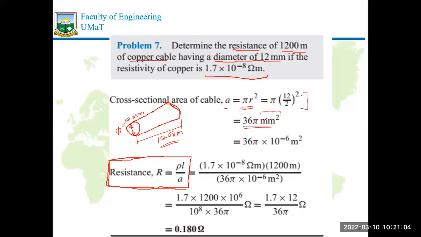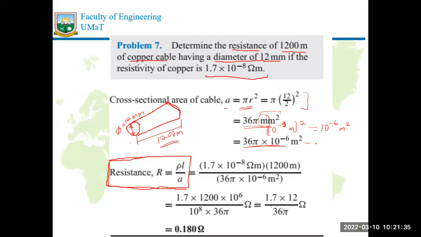If we need to convert this into meters, remember this is 10 raised to the power minus 3 meters, and it is squared, which means we will end up having 10 raised to the power minus 6 meters squared. And that gives us what is here.